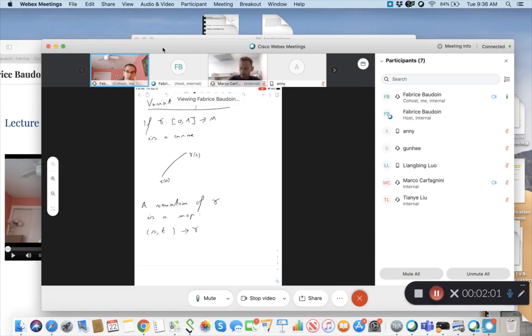This is just that we are going to use two parameters, S and T. S usually is defined on a small interval around 0, negative epsilon to plus epsilon, and T is defined on 0, 1.